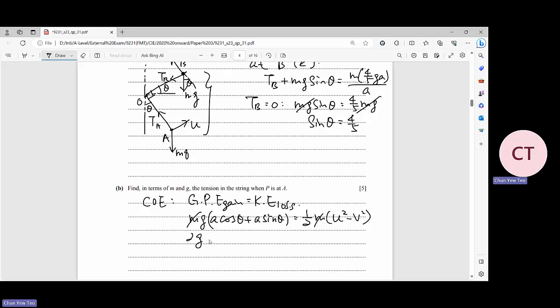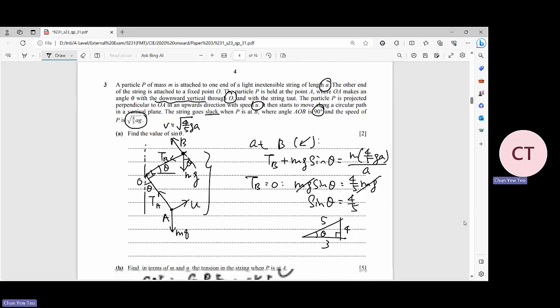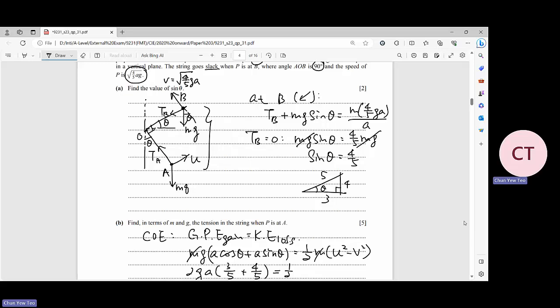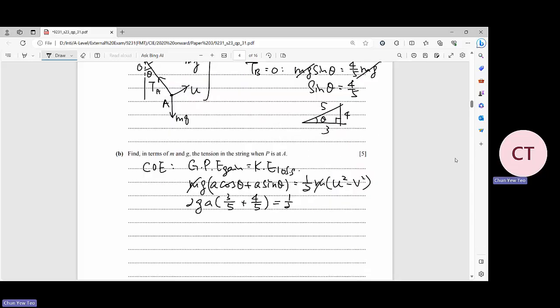We have a 2GA cos theta from here. This is a 4, this is a 5, this is a 3. Cos theta is 3/5. Sin theta is 4/5. Your u square: what is your u? According to the question, we do not have the u. We only have the v. This is the v, 4/5 AG.